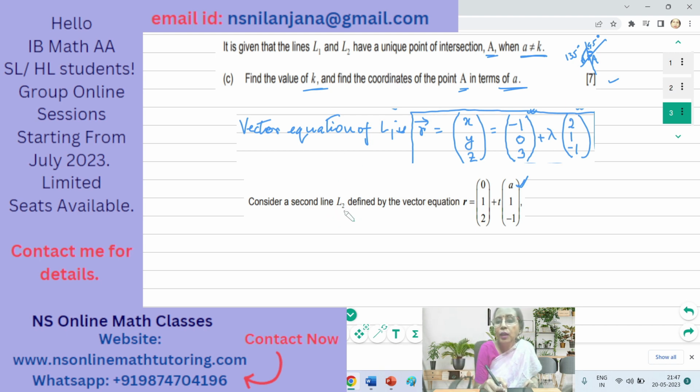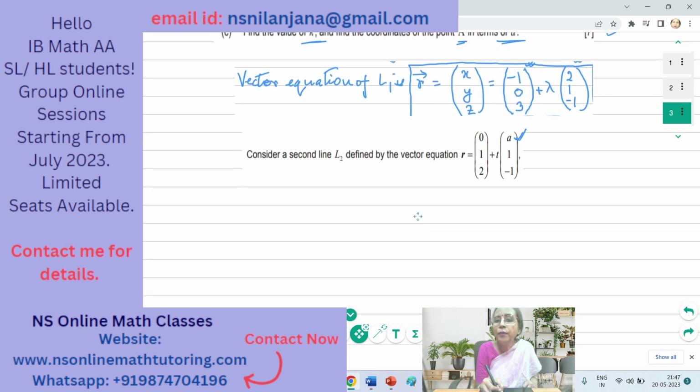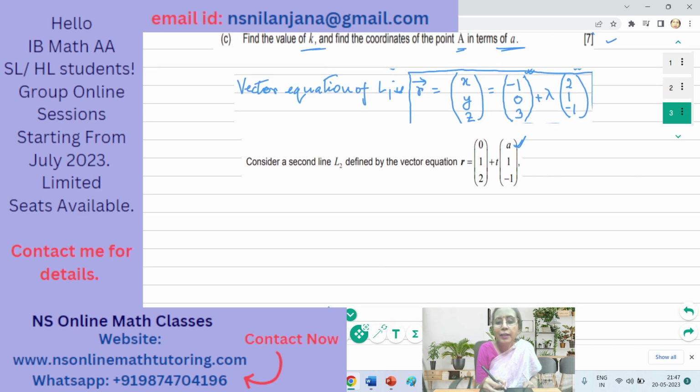So what I think we can do is to just say that a cannot be equal to K and find the value of K. The easiest way for getting the value of K will be, because the vector equations remain the same for these two lines and the direction vectors also remain the same, because the lines are the same, the direction vectors should also be the same.